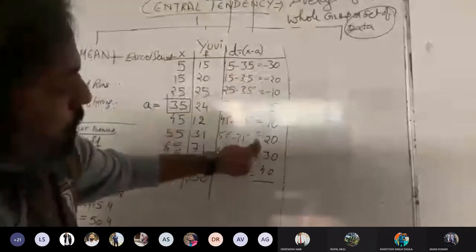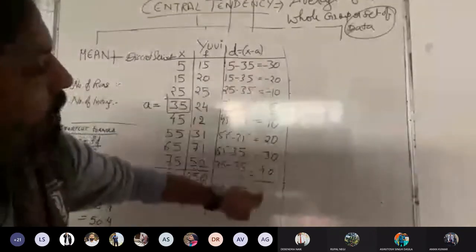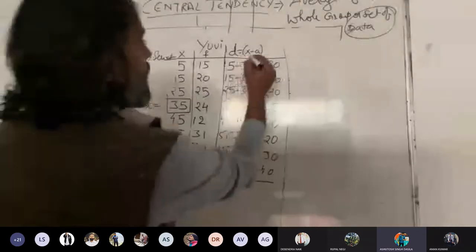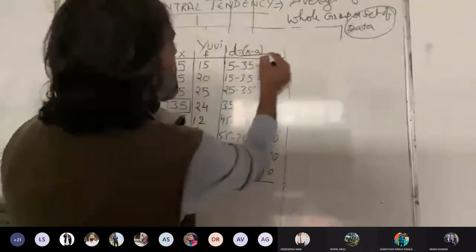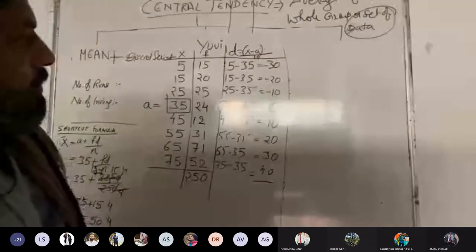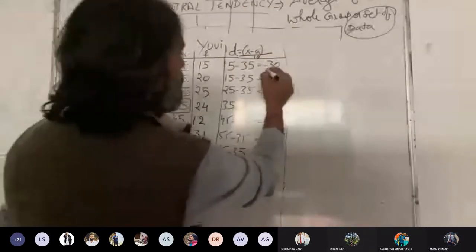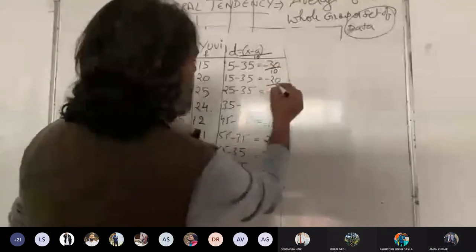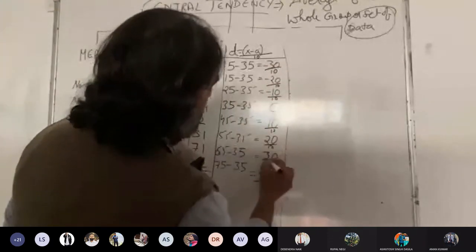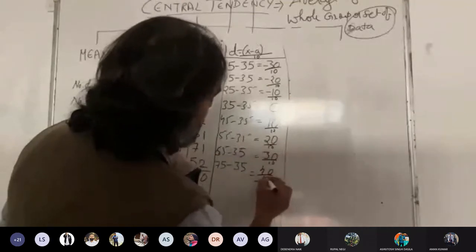Do you see a common factor here? 10, sir. Okay, very good. So can I divide this x minus a by 10? Yes, sir. So 30 divided by 10, 20 divided by 10, 10 divided by 10, 30 divided by 10.